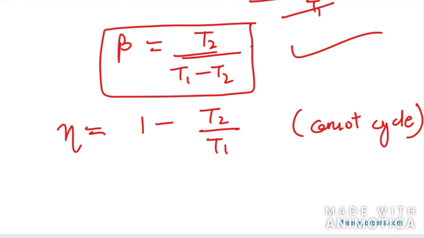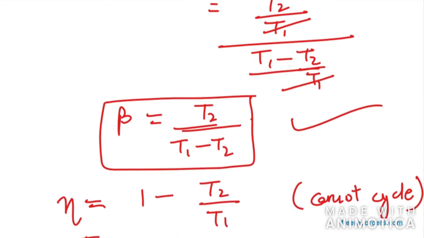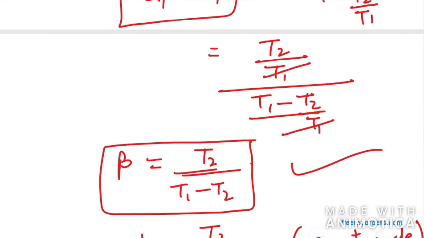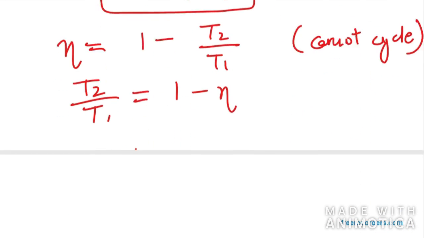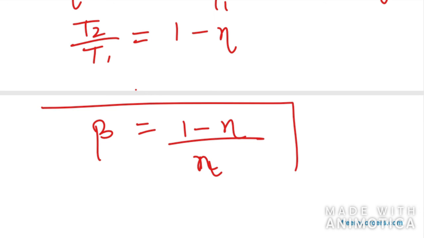So from this I will be finding T2 over T1, so it will be 1 minus eta. So beta, using this equation, can be 1 minus eta over eta. So this is the relation between beta and eta.